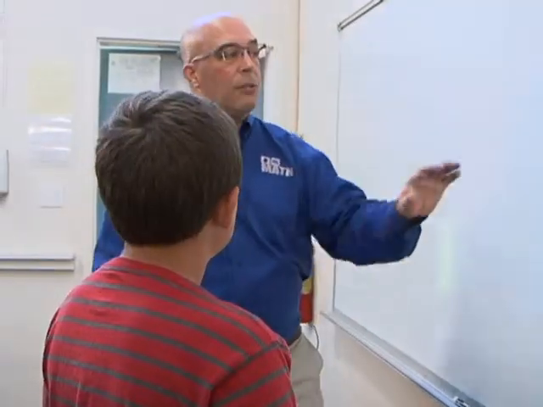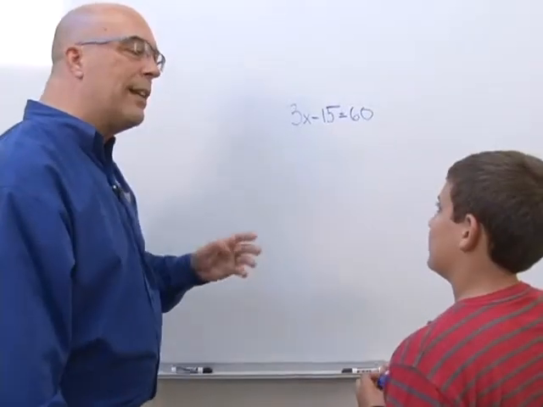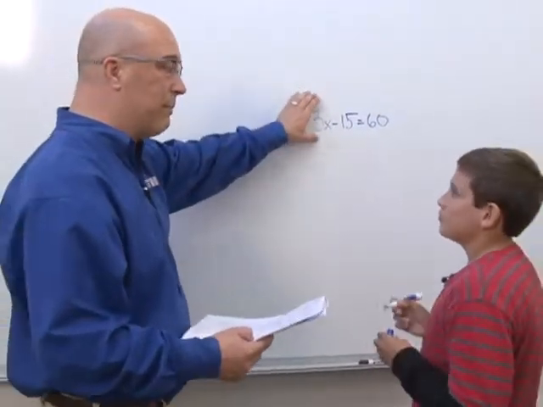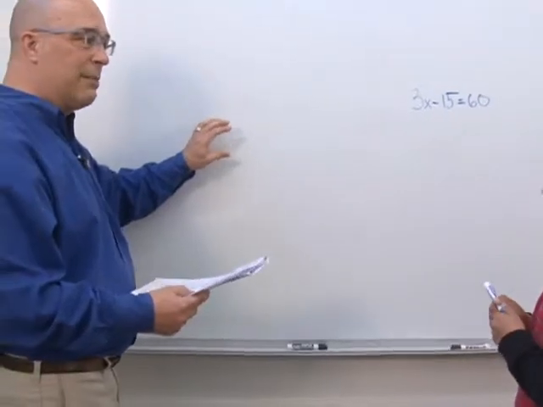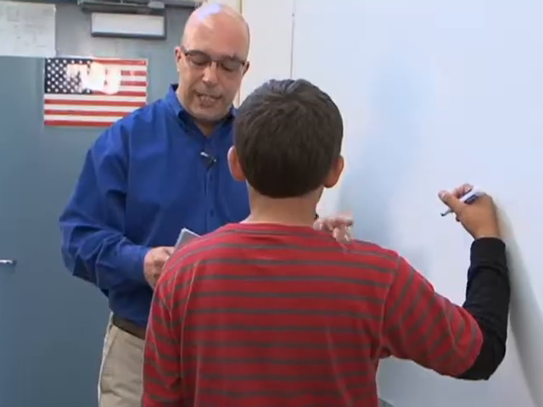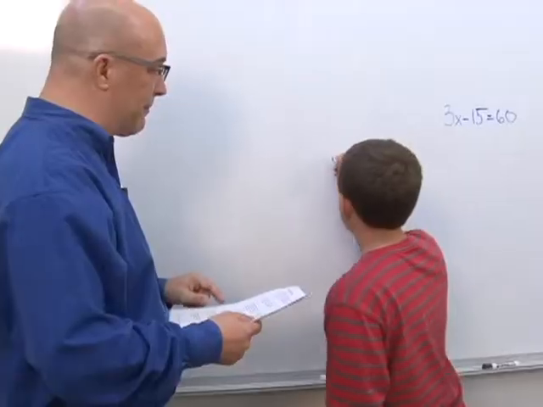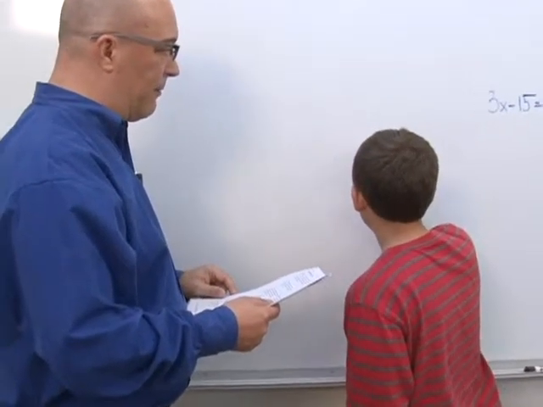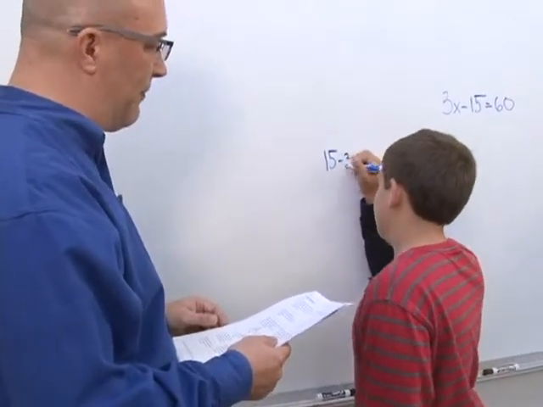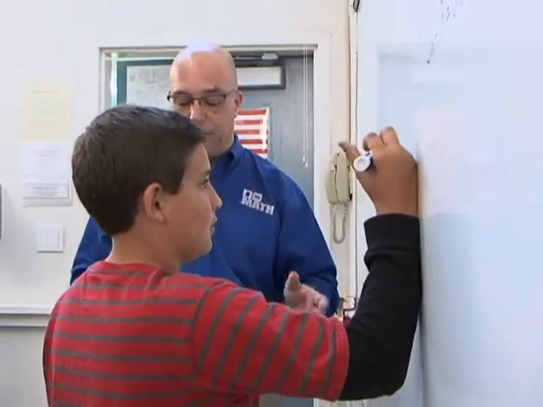The reason I wanted you to write that up there is because I want you to write down the numbers as you hear them, and see how it might have been messed up a little bit. If you subtract 15 from 3 times his age, you would get 60.